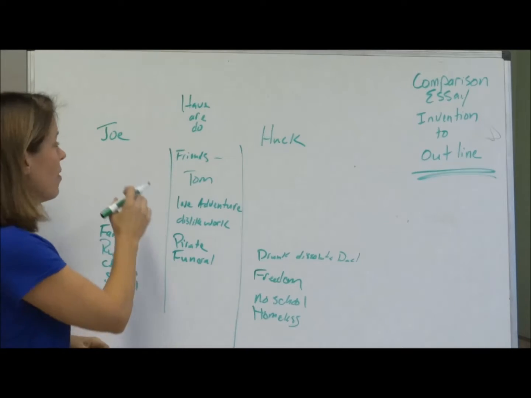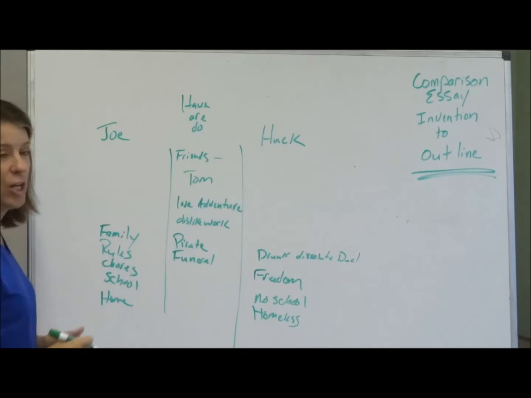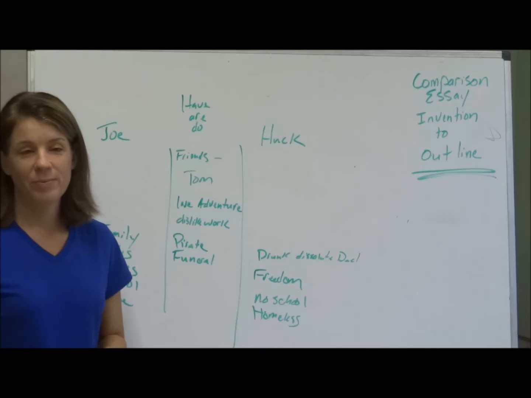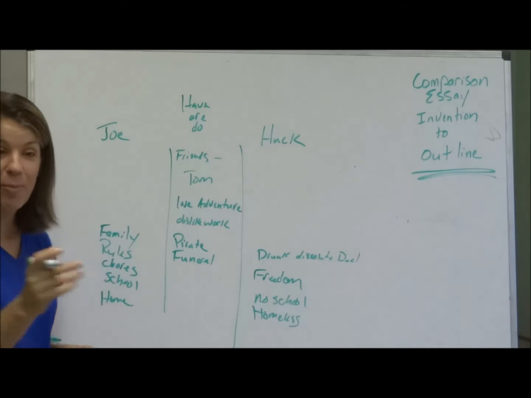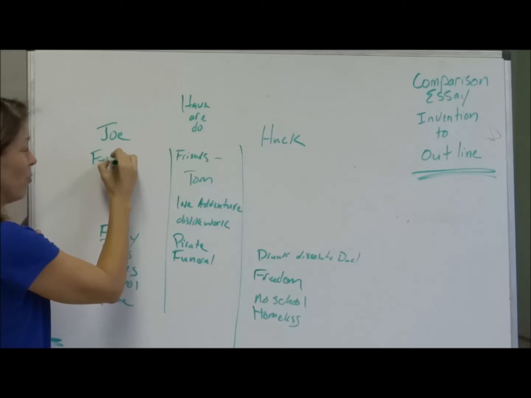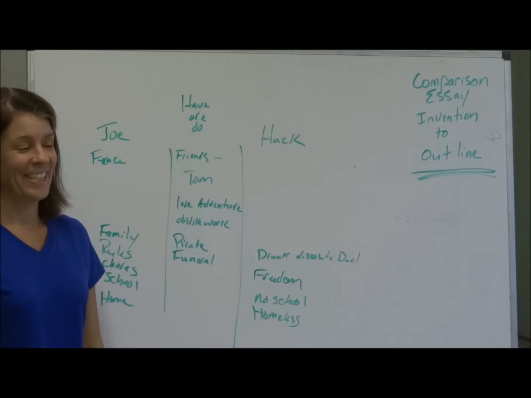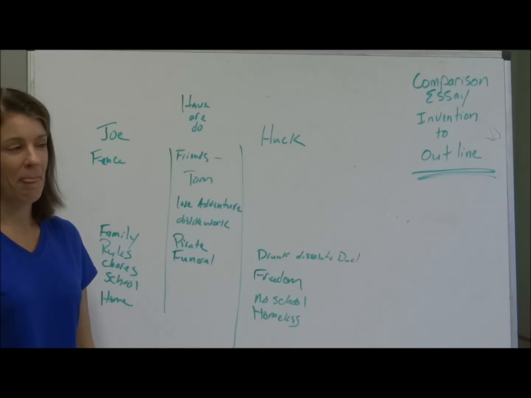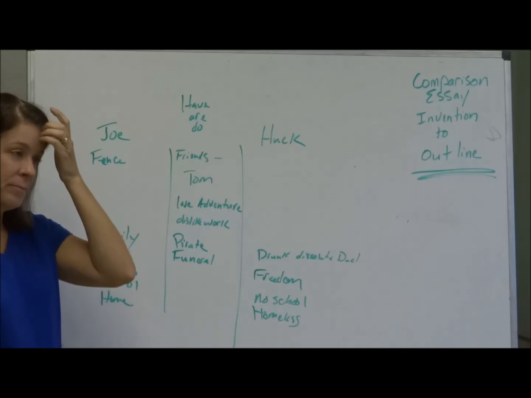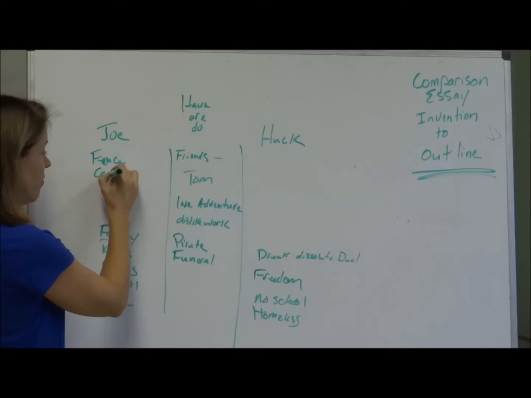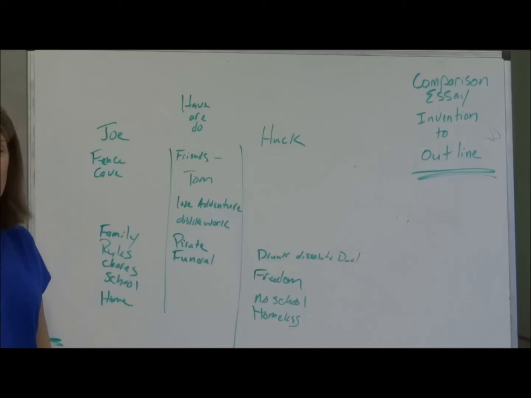So what are some things that Joe did with Tom that Huck did not do? Did he help paint the fence? He got roped into the fence adventure, okay? He was there in the caves. He wasn't with Tom. So he went to the cave Sunday school outing or whatever it was.